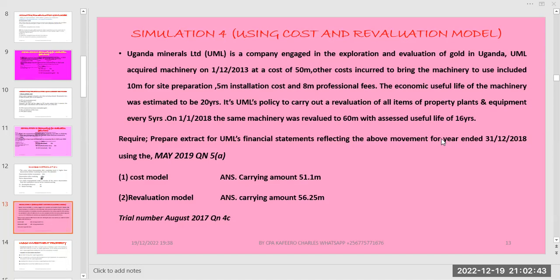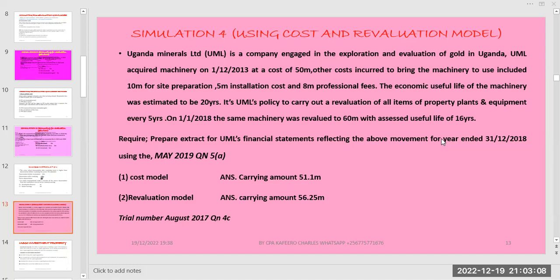But we went ahead and said that the costs we incur in purchasing these non-current assets that are going to be used in the business are not only the purchase price. We consider so many things, as we saw in the first theoretical aspect.